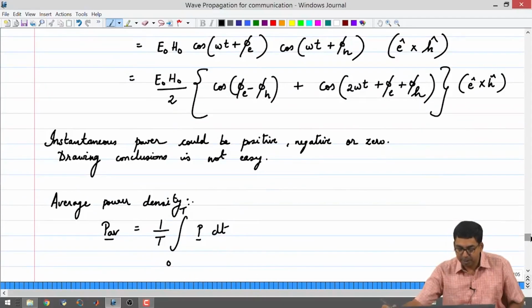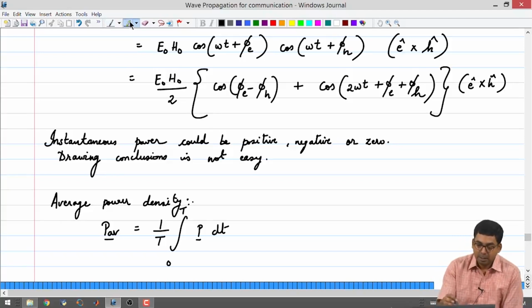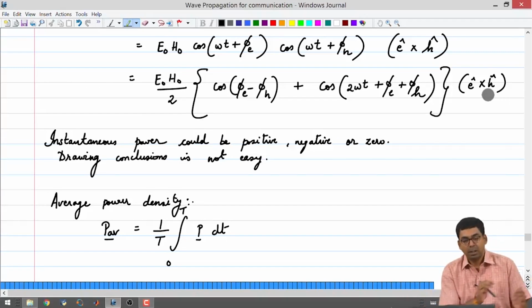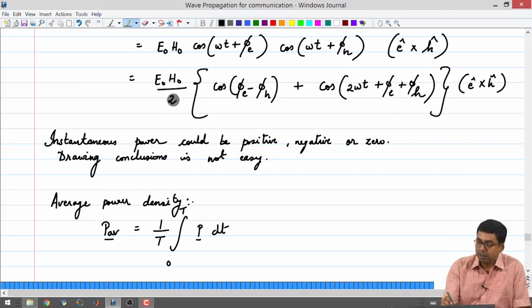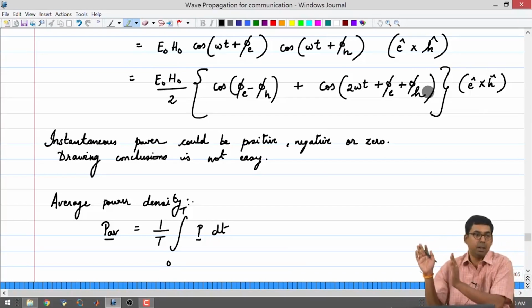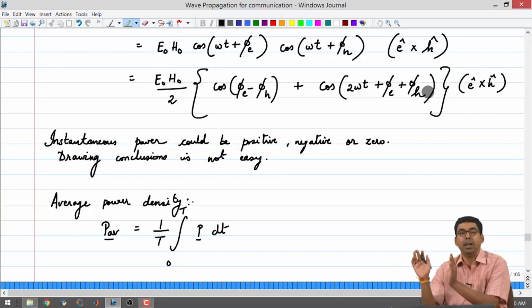And one of the things that we can immediately notice is that the instantaneous power broadly can be split into two quantities. E naught H naught divided by 2 cos phi E minus phi H, E cross H, that is one term. The other term is E naught H naught divided by 2 cos 2 omega t plus phi E plus phi H, E cross H. So, the second term is dependent upon time in a periodic manner, the function being precisely a cosine.